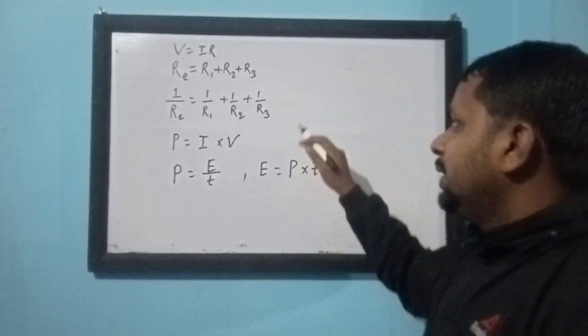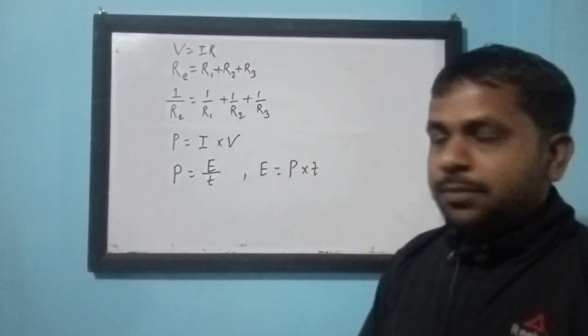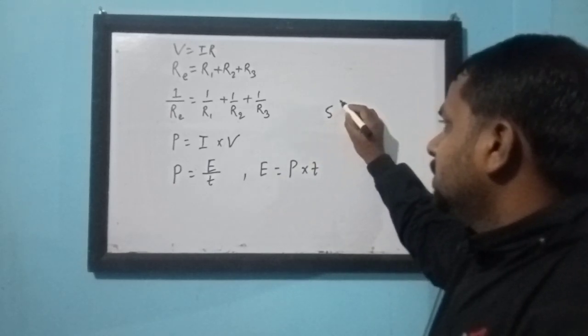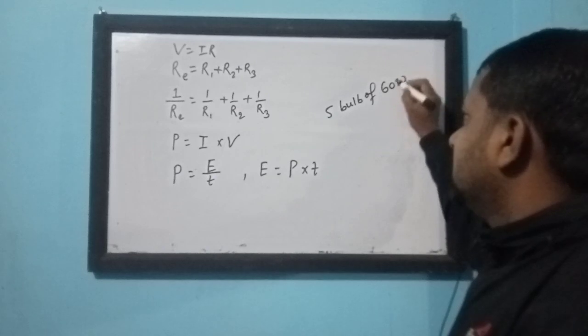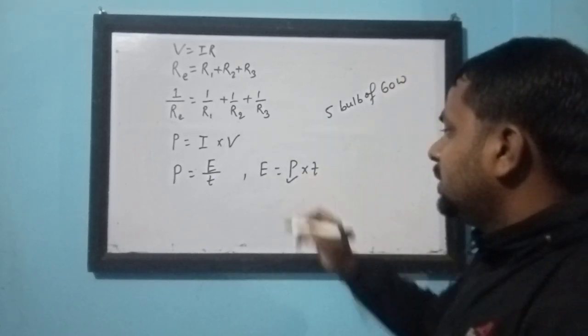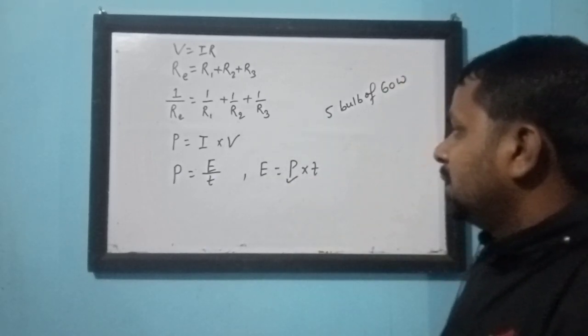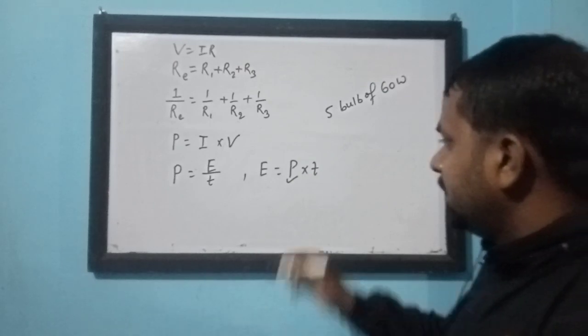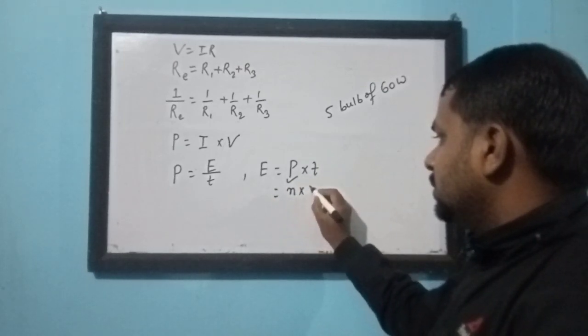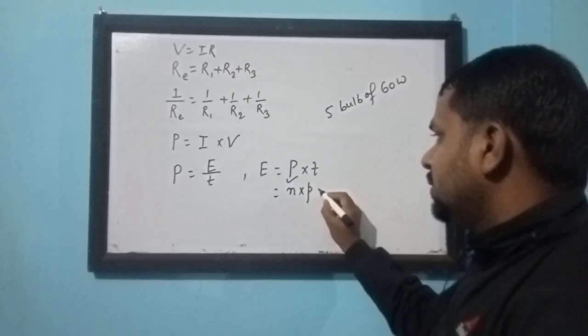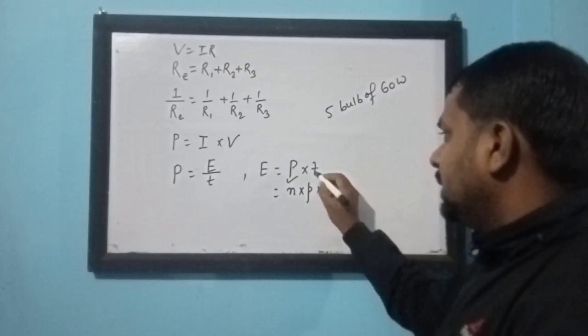if there are different numbers of bulbs, suppose there are 5 bulbs of 60 watt, then this total power can also be written like this: number of bulbs into power of each instrument into time.